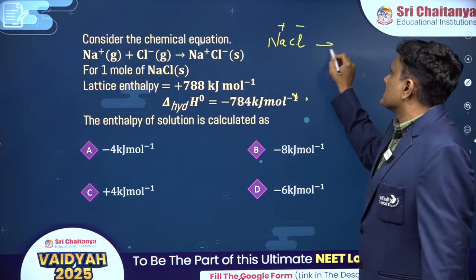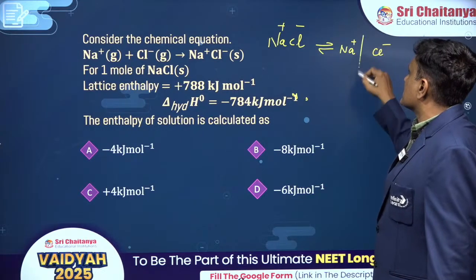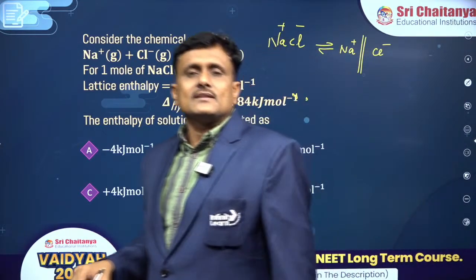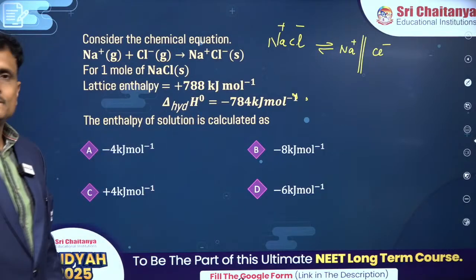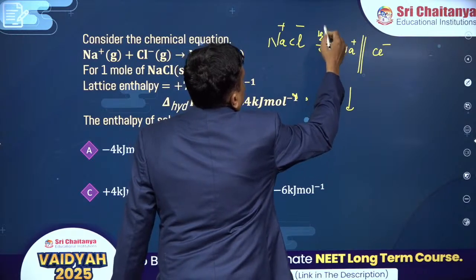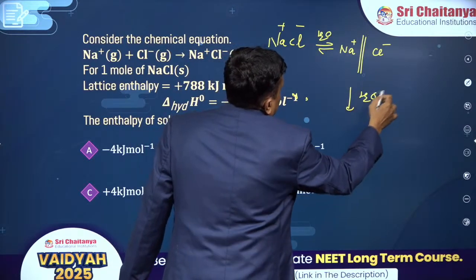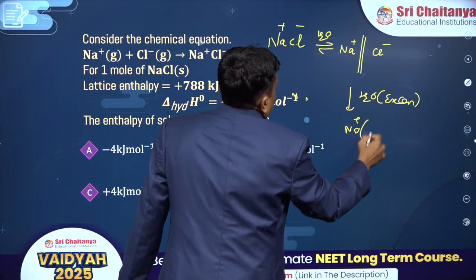First, you have to supply some energy so that Na plus and Cl minus are separated, right? Lattice energy. You can see lattice energy is given. And after that, when you add excess of water, the water is hydrating the ions, right? Na plus and Cl minus hydrated.